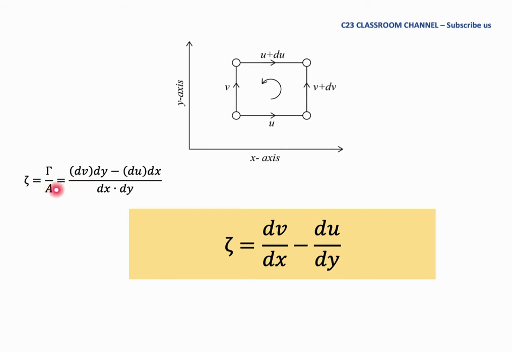The area here is the area of this rectangular shape, so it is dx times dy. We solve this equation, and we can say that zeta is equal to dv dx minus du dy.